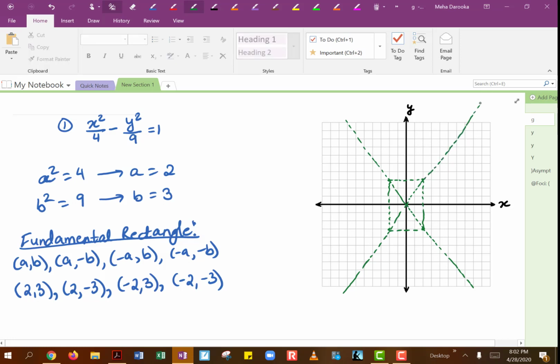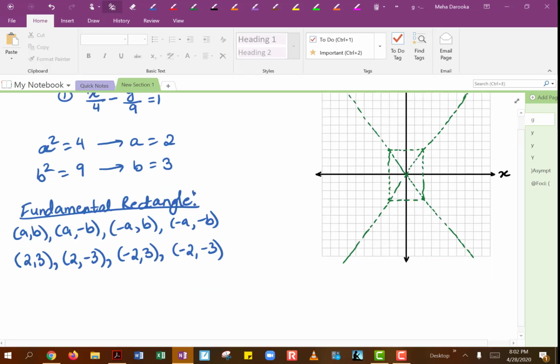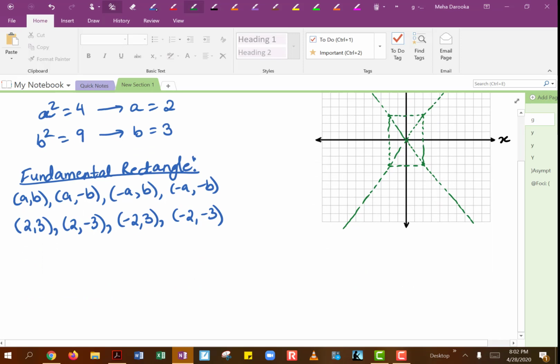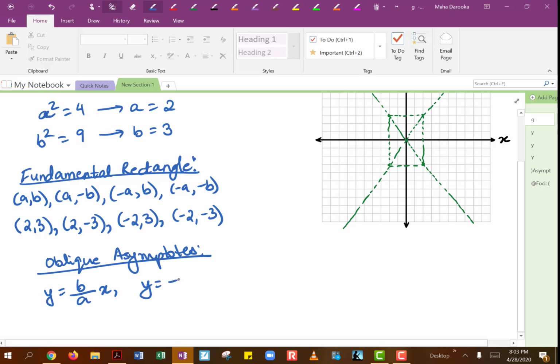So something like this. Okay, alrighty, so let's see, we have our fundamental rectangle. Now remember, the oblique asymptotes, those equations are going to be y equals b over ax and y equals negative b over ax.